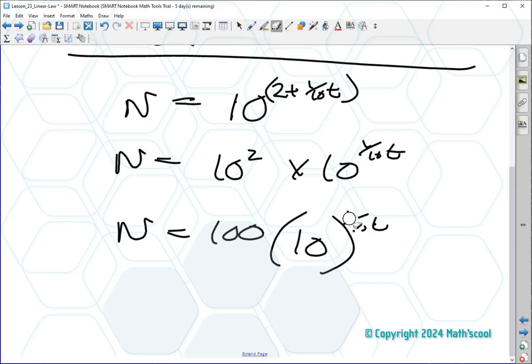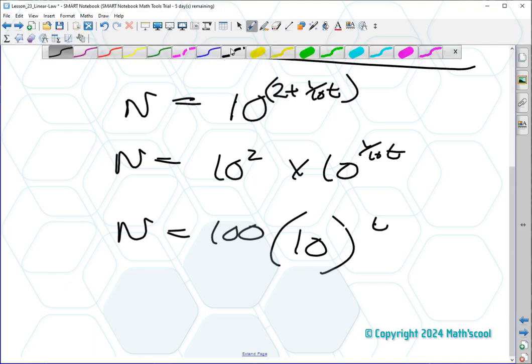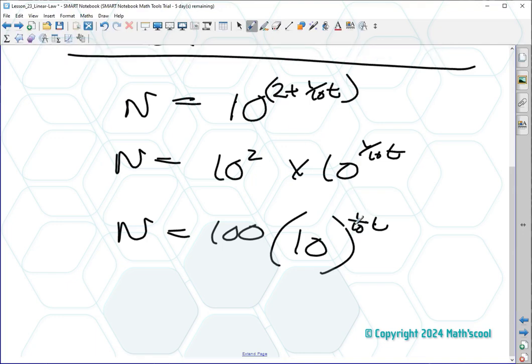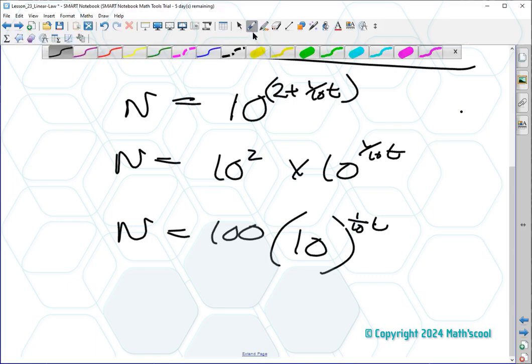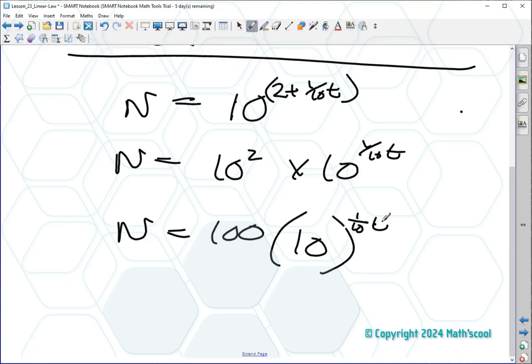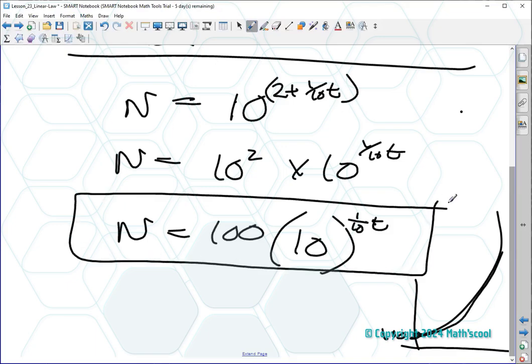So there's my question, and actually that is an exponential growth equation. So we recognize that that's going to be an exponential growth equation. It's going to start from 100 and it's going to grow exponentially like that. So we should recognize that as being an exponential growth equation.